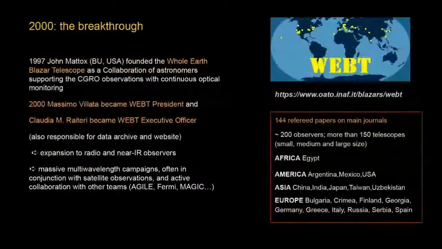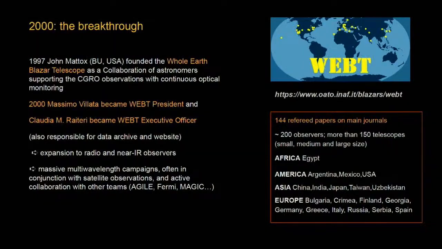light curves. The breakthrough came in 2000 when Massimo became the president of the Whole Earth Blazar Telescope, and I became the WEBT executive officer. The Whole Earth Blazar Telescope was founded by John Mattox in 1997, and his idea was to have a network of optical observers that could provide the optical monitoring of the targets which were observed by the Compton Gamma Ray Observatory.